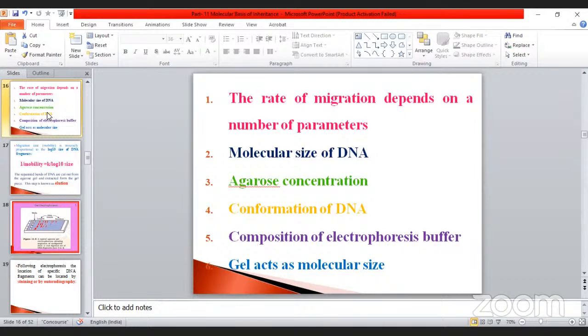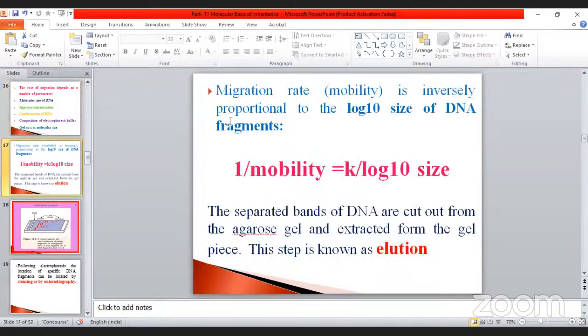These are the parameters: molecular size of the DNA, agarose concentration, conformation of DNA, composition of electrophoresis buffer, and gel acting as a molecular sieve. These are the parameters mostly used. Next slide.